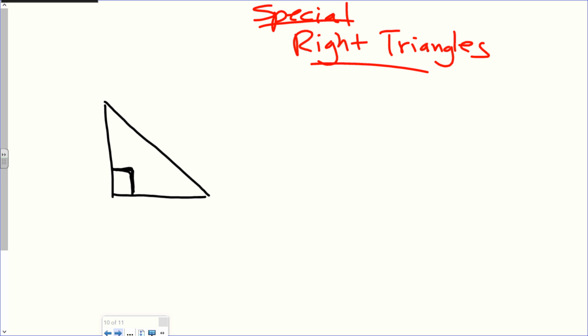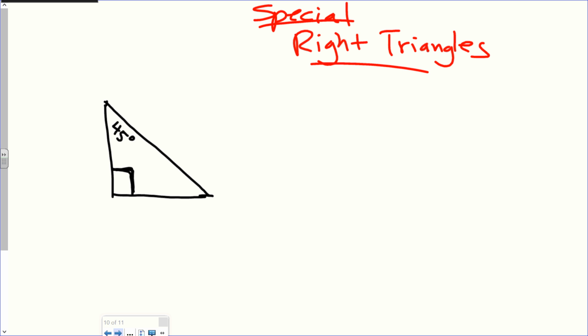Do that. But make sure your picture has the legs being kind of the same size. Okay? You with me? So far, so good. Now, if the legs are the same size, that means the angles in here have to be 45 degrees.